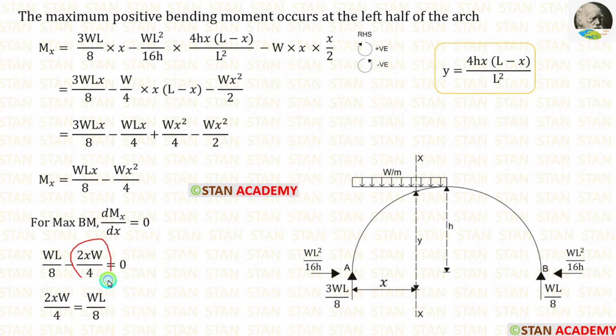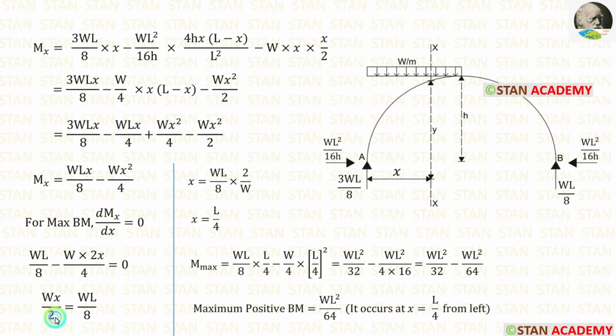Then we can take 2xw by 4 on the right side, so it will be positive. Then we can cut this 2 and 4. Here it will be 2. Now let us take w by 2 on the right side. It will come inversely. We can cut w and w. Also we can cut this 2 and 8. Here it will be 4. Finally we are getting x is equal to L by 4.